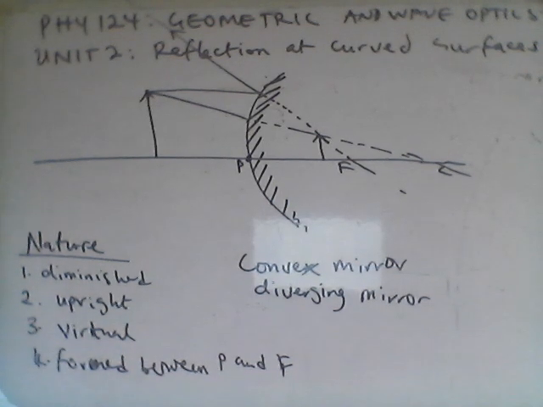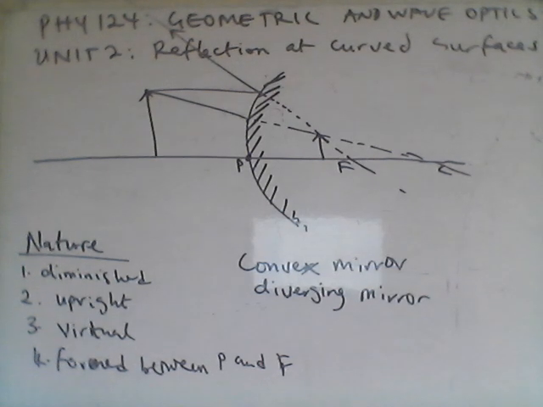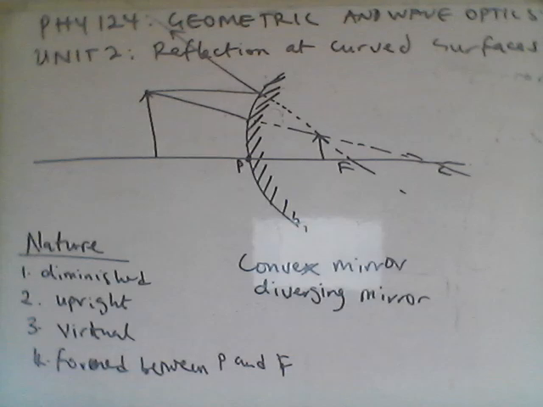We saw the different configurations for the concave and convex mirrors, the principal axis, the focal point, the radius of curvature, and how objects placed at various points behave for each. You've seen the mirror formula and the magnification formula. I hope this video has been informative for you. I'd like to thank you for viewing.